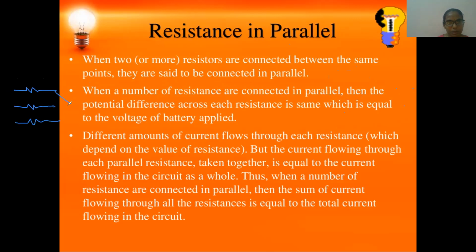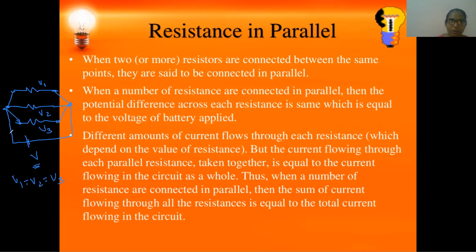We connect all of them to one end point on this side, and on the other side all to the same end point, and that end point is connected to the battery of potential difference V. The potential difference across the first resistor is V1, across the second V2, and across the third V3. All these potentials will be equal to the applied voltage. In case of parallel, V1 equals V2 equals V3.